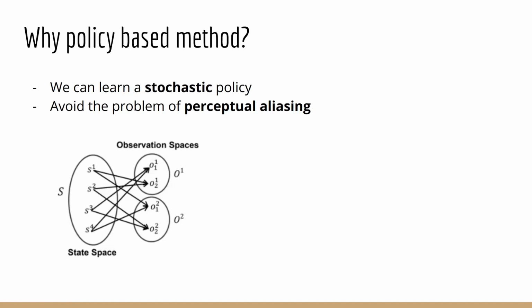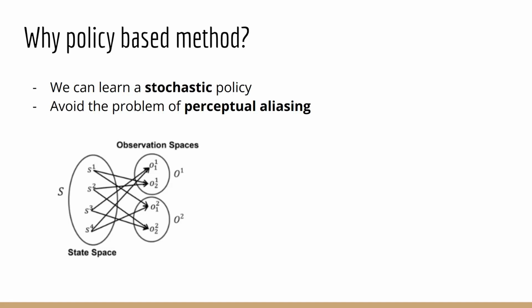In this situation, there is no way they can tell which state they are in, and if they act deterministically, it's possible that the outcome will be very bad. One real life example is poker: you want to randomize your strategy even in the same situation.